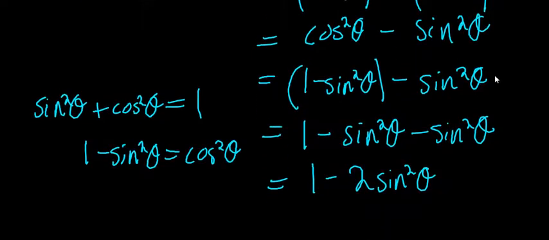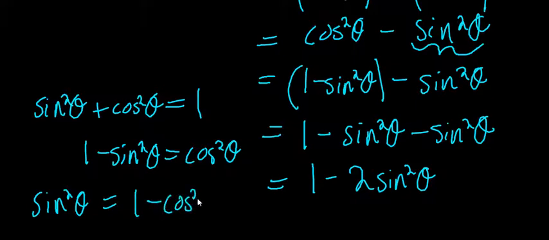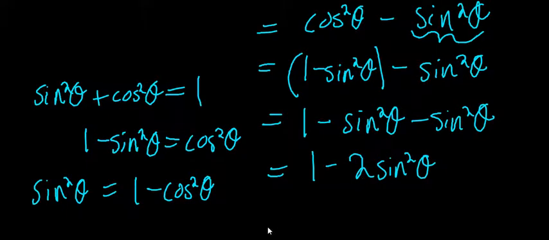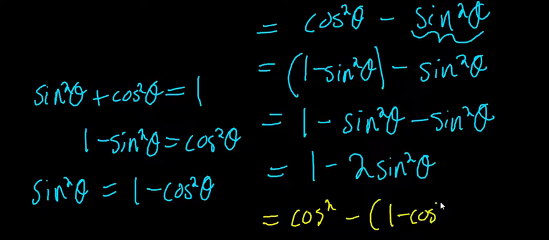And we can do a similar trick by replacing sine squared of theta. Notice that sine squared of theta is equal to 1 minus cosine squared of theta. So we can do the same thing and say that this is also equal to, if we replace sine squared of theta with 1 minus cosine squared of theta and simplify, cosine squared minus 1 minus cosine squared of theta.